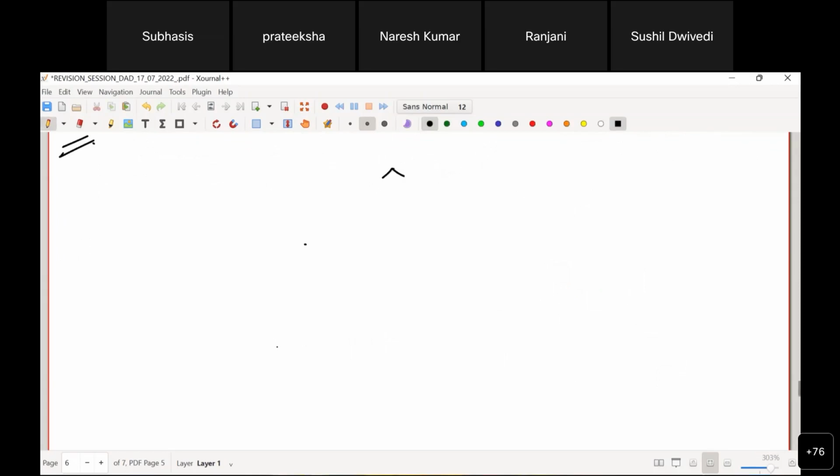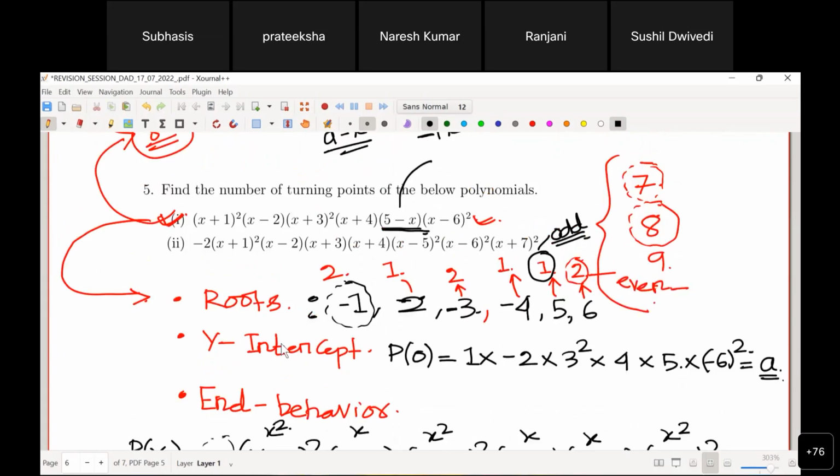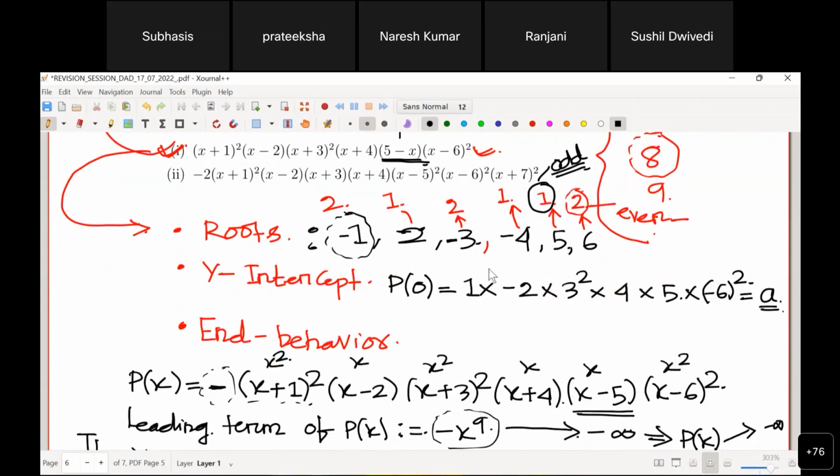Okay, fine. So then let me redraw this graph quickly. So the positive roots are 2, 5, 6, right? 2, 5, 6.